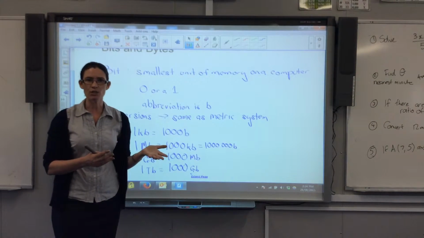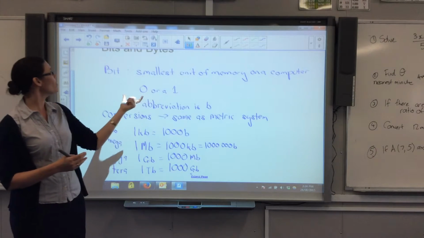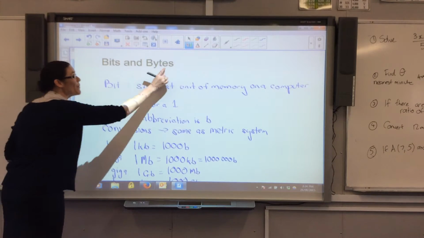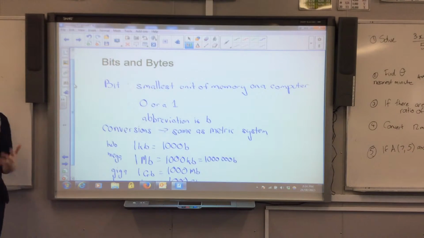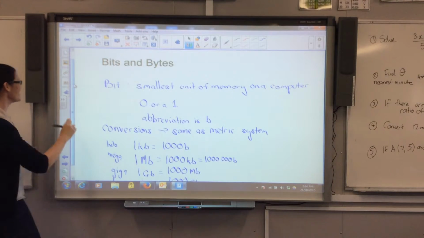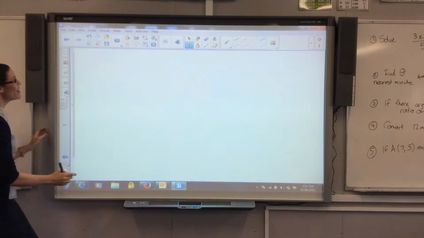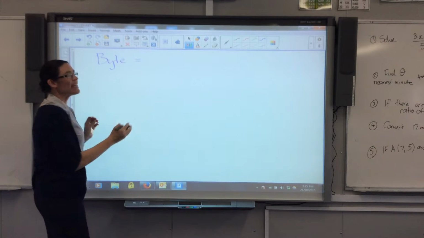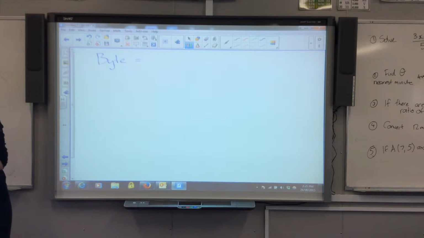So that's not particularly useful. So it stores these bits in little groups called bytes. So a byte equals 8 bits.